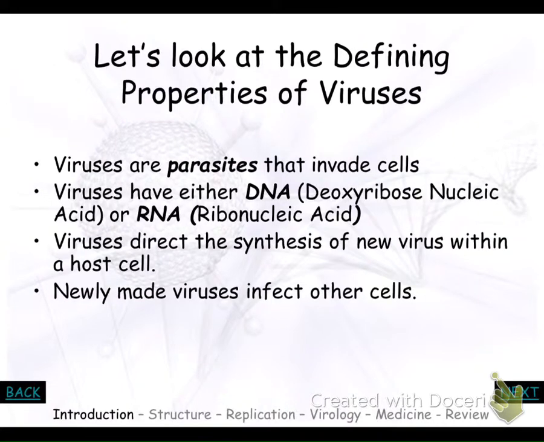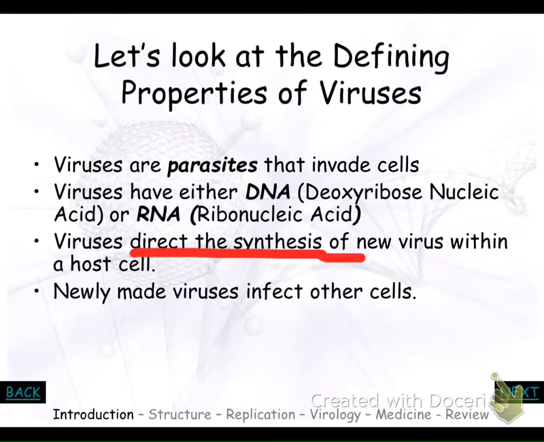So let's look at what makes a virus a virus. Viruses are parasites that invade cells. Viruses have either DNA or RNA genetic material. They direct the synthesis of new virus.